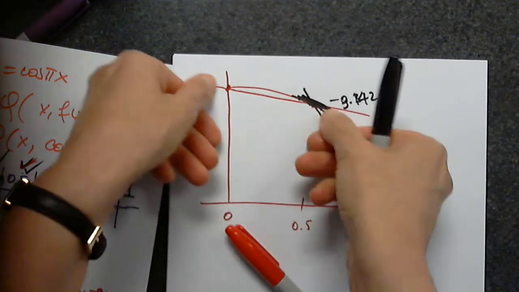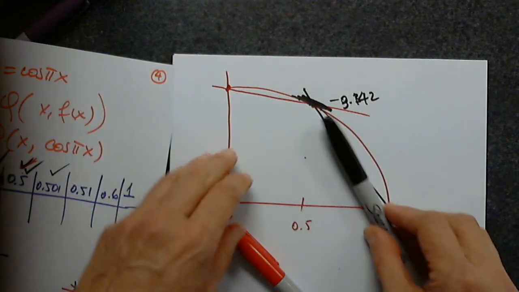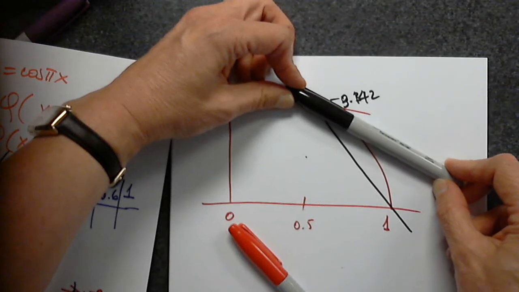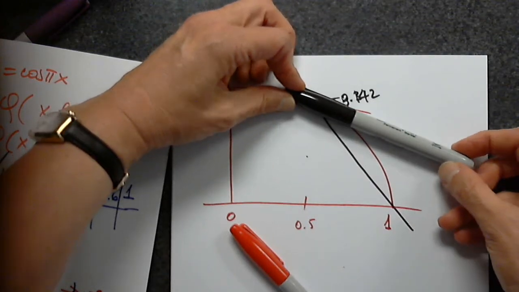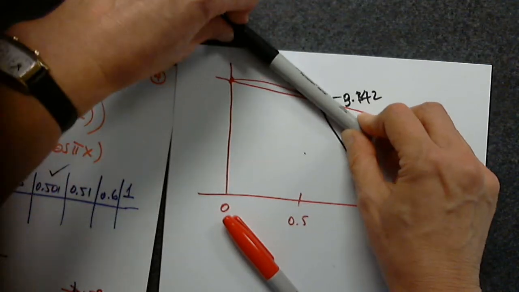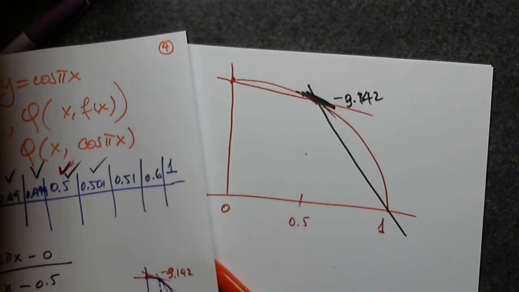Because I'm creating secant lines, and as they get closer and closer, this was one, then this is the other, from this side. Then from this side, this is the next, and it becomes this. So that's how we determine all those numbers.